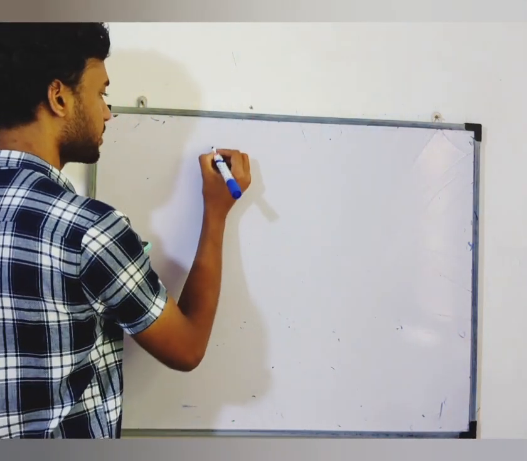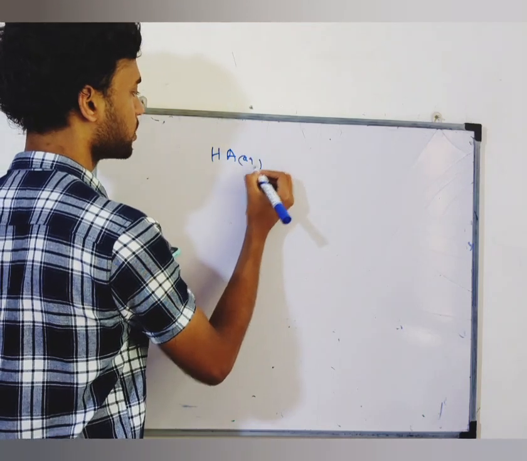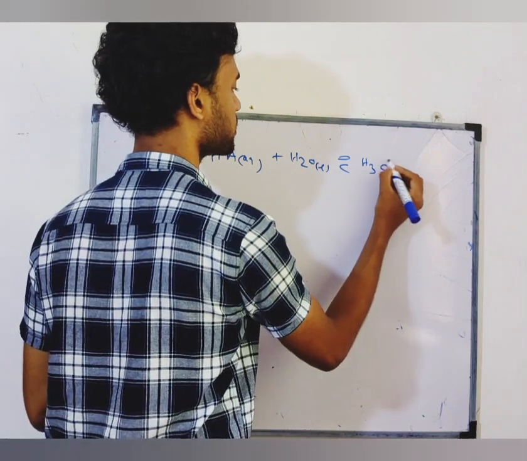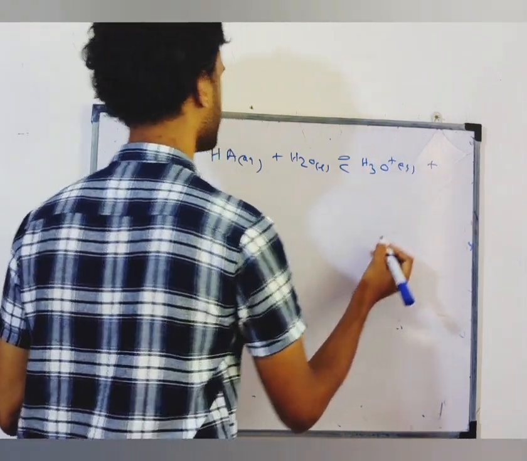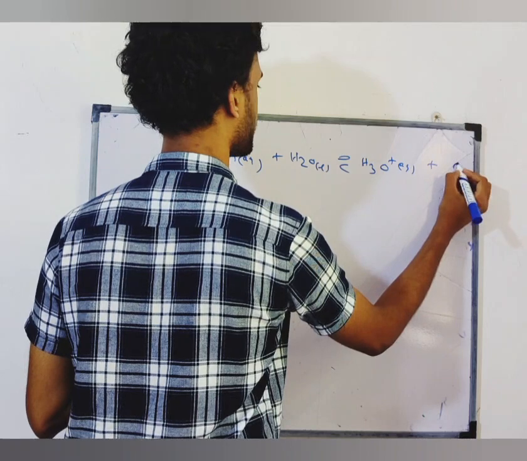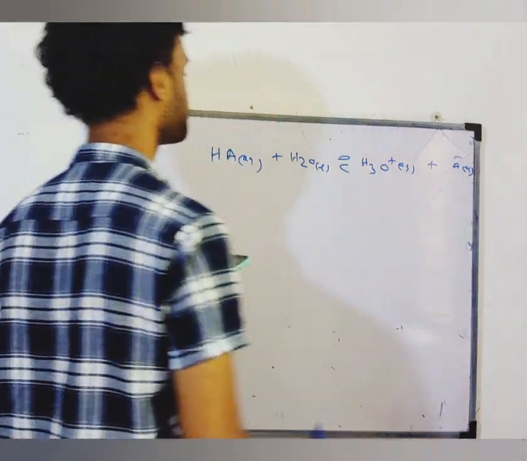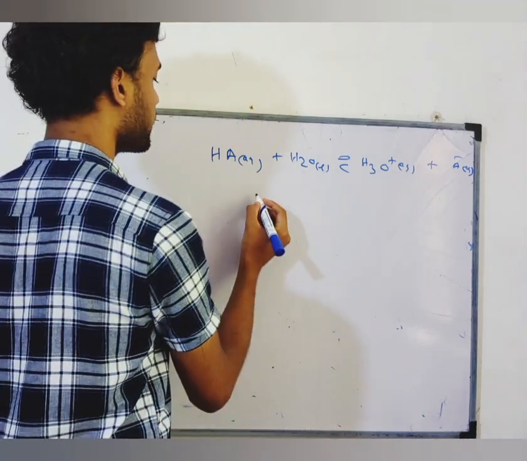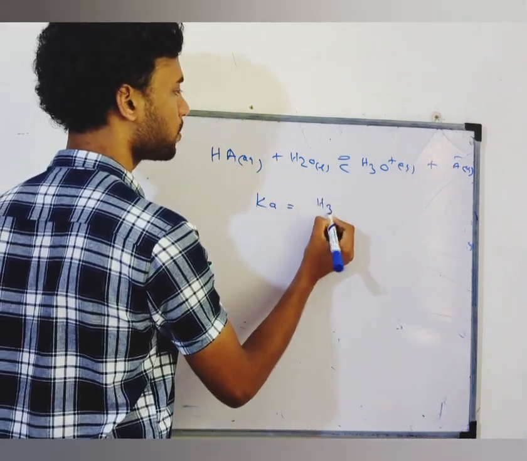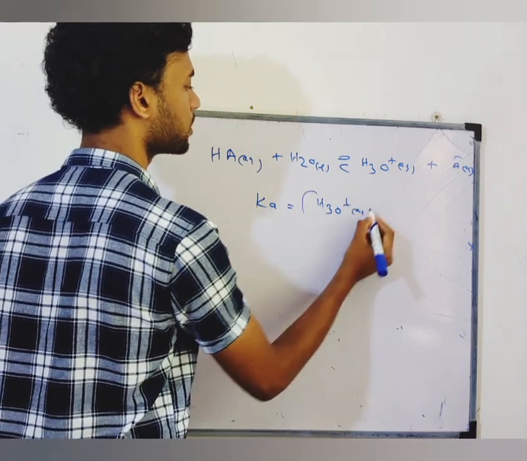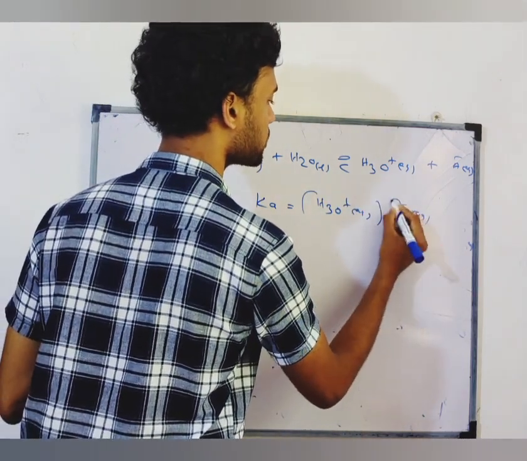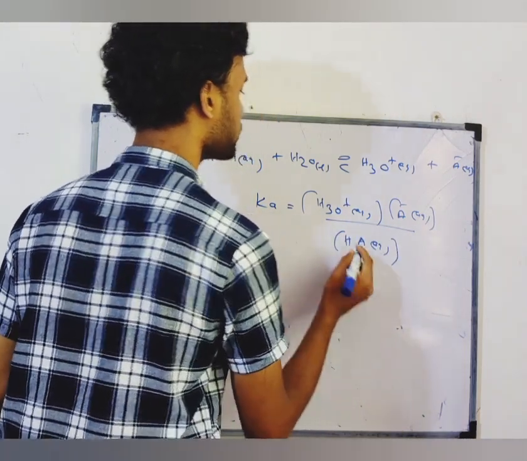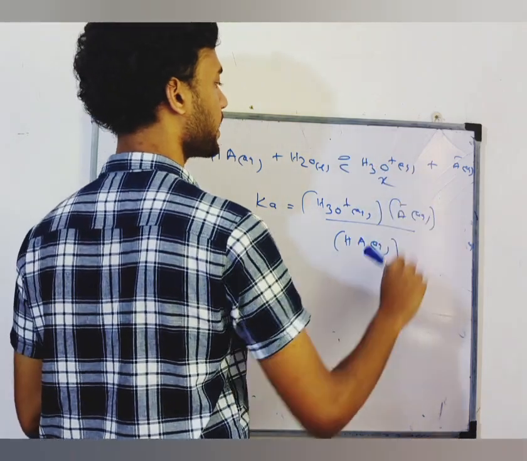Now you know HA aqueous mixed with water, liquid, forms H3O+ aqueous and A- aqueous. I can say Ka is equal to H3O+ aqueous times A- aqueous concentration divided by HA aqueous concentration.